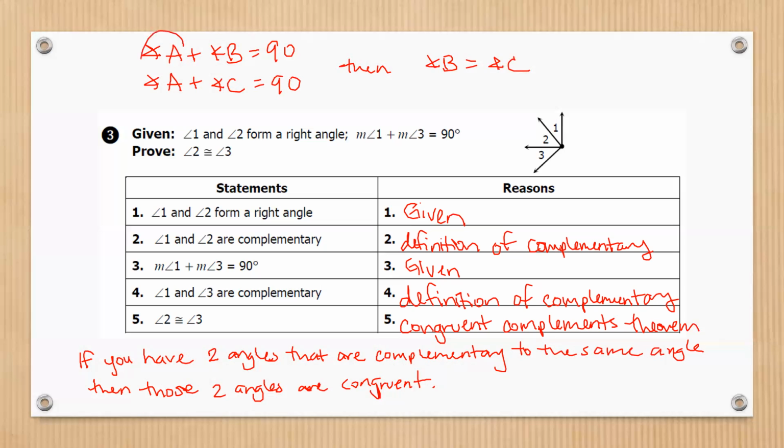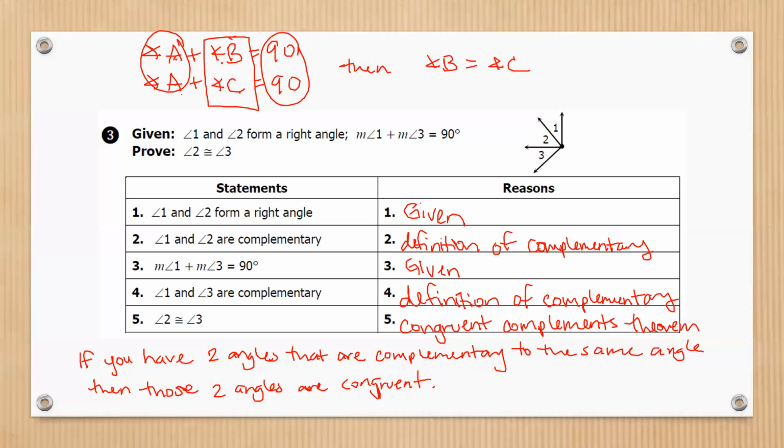Because angle A is the same here and 90 is the same here. So these have to be the same. So angle A is complementary to B, angle A is complementary to C. So B and C are both complements to angle A. And so if angle B and angle C are both complements to angle A, that means that angle B and C are congruent. Okay.